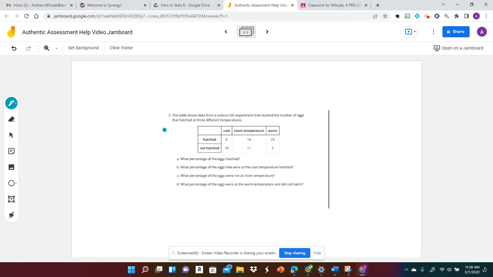So now we have some situations here with eggs. Eggs either hatched or didn't hatch at cool temperature, room temperature, or if they were warm. So what we're going to do is get a total here. I'm going to add the 6, 14, and 23 across the row for hatched, and that gives me 43.